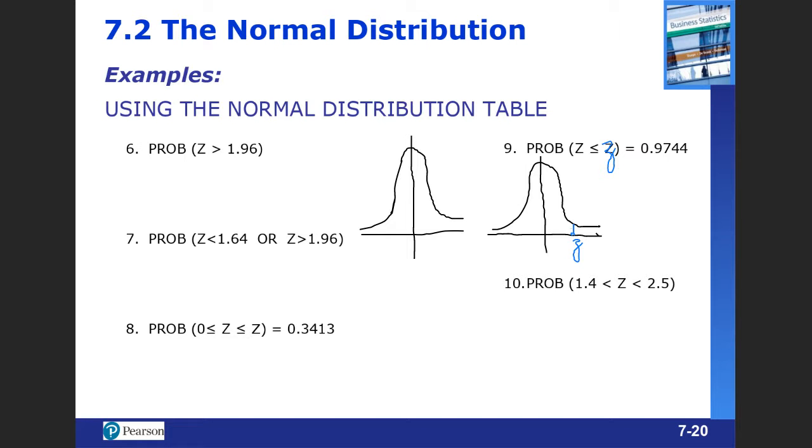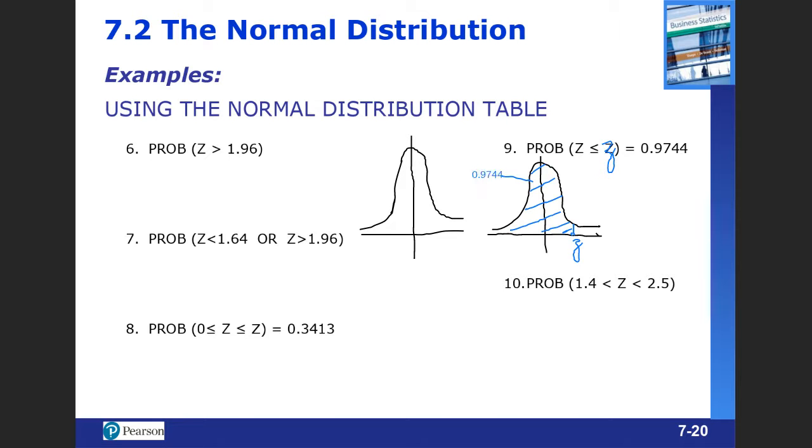So I shade to the left. Okay, let's see if that's right or wrong, Priscilla. And I'm told that the area, when z is less than that number, is equal to 0.9744. Okay, but I don't know if z is positive or negative.